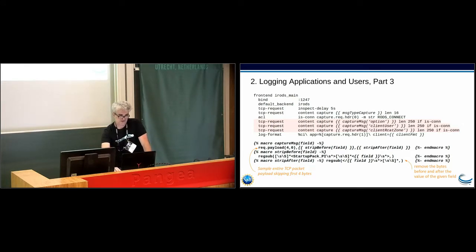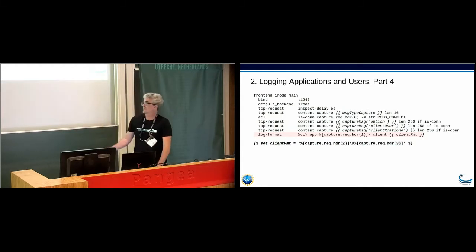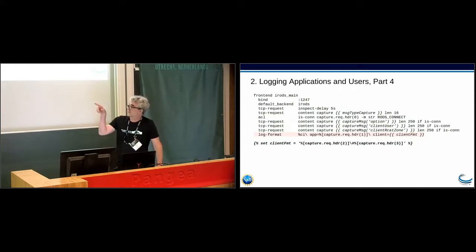So finally, we log it. The first header one is recorded in the option field. The second one is the client user's name. The third is the zone name. When we log it, we're also going to prefix it all with %ci, which just means the client's IP address.